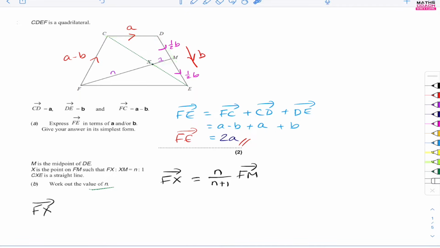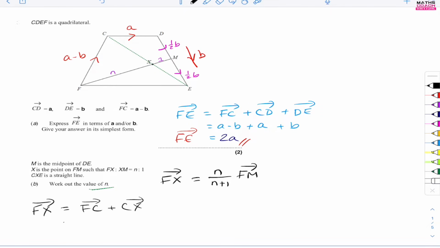However, a quicker and simpler way, using the information it's given us about the straight line, is to go F to C and then down C to X. Now you may be wondering, we don't know anything about C to X, but we will write something down here. Let's just write down that route first: F to C plus C to X.